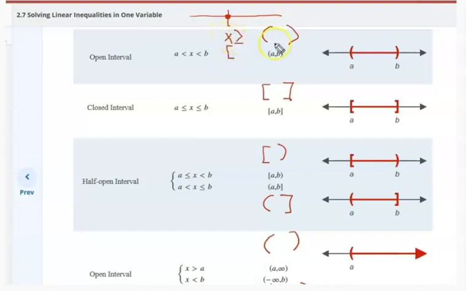If x is only greater than, and I'll take away the equal to, then we use a parenthesis facing the direction we're going to draw our arrow. Okay, a little bit of background, and then we'll, of course, use this as we go on.